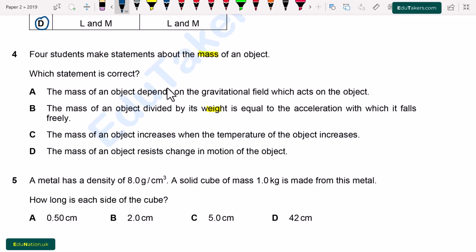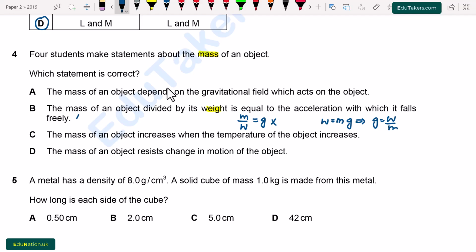Basically, here it says that mass over weight is equal to acceleration. It is not correct because weight is equal to the product of mass and g. So from here g is equal to W over M, weight over mass, not mass over weight.